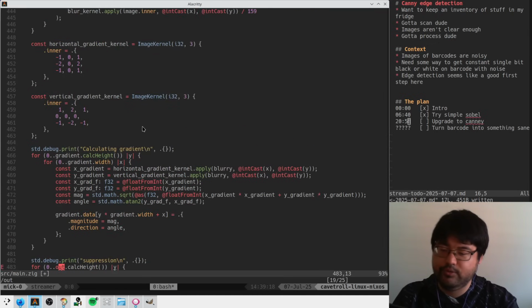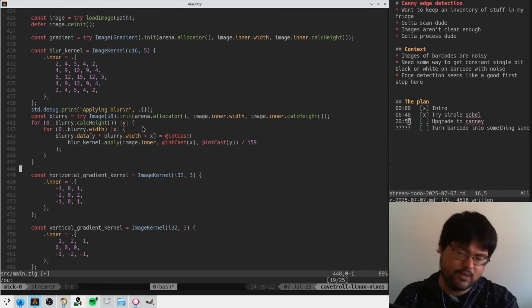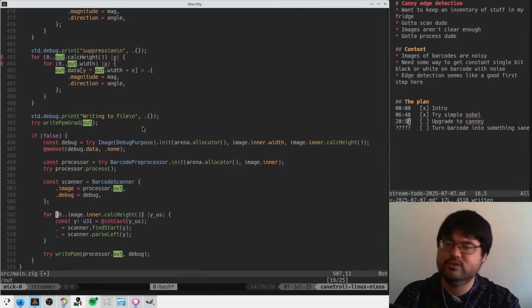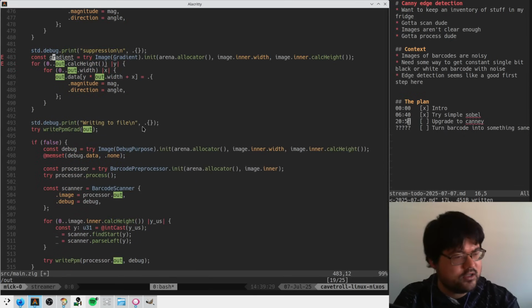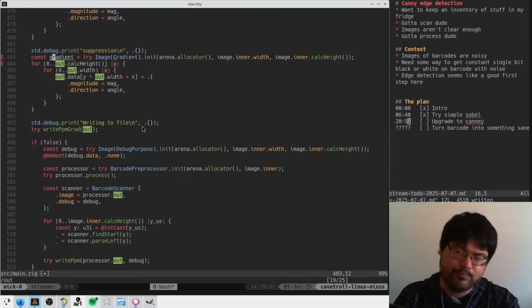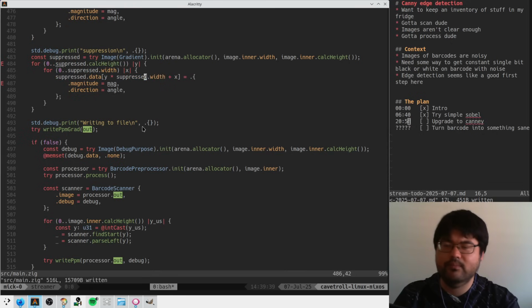Boom, boom, boom, boom. And now I guess that means that we need a different type of output here. So what is this? This is now just, I guess this is still a gradient, but suppressed. Okay.